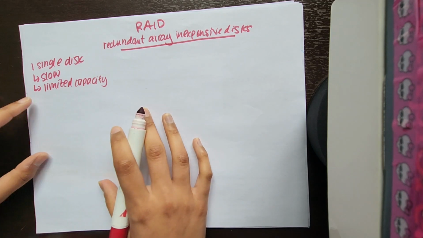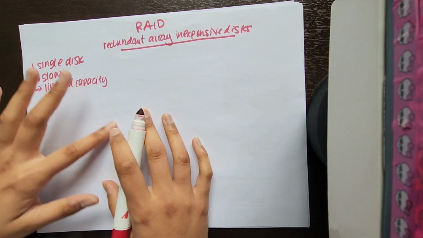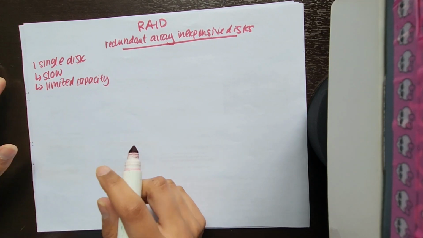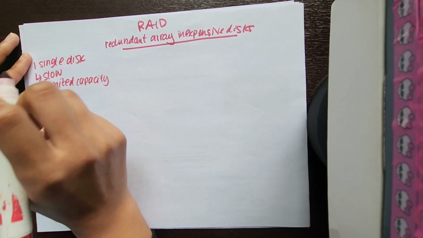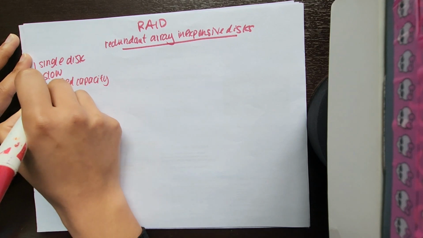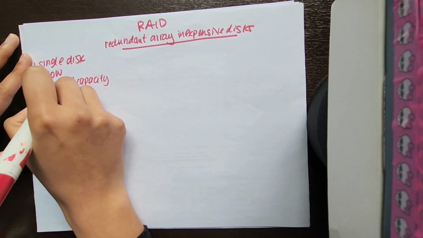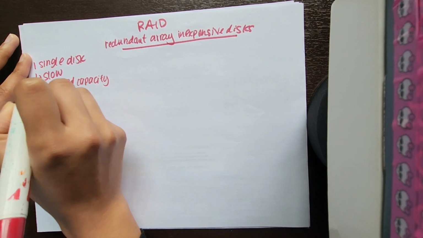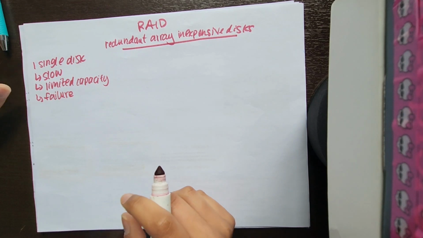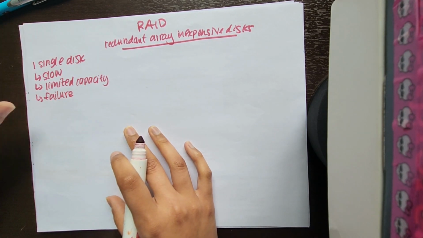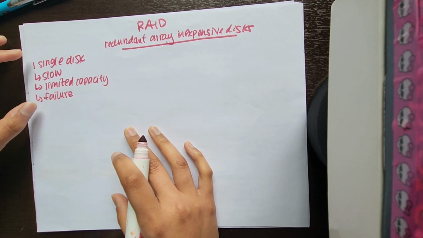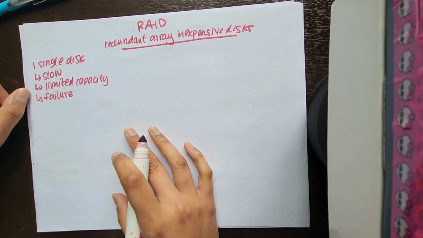And then it's also a single point of failure, right? If something goes wrong with this one disk, you immediately lose access to all of your data that was stored here, and it's down.